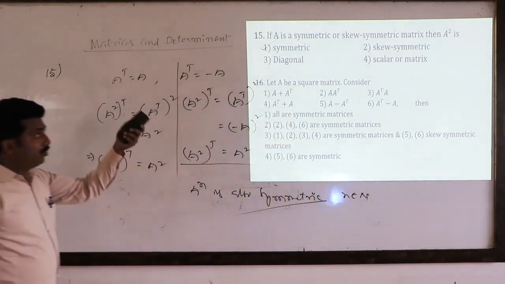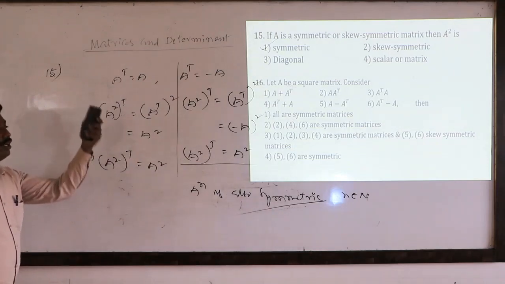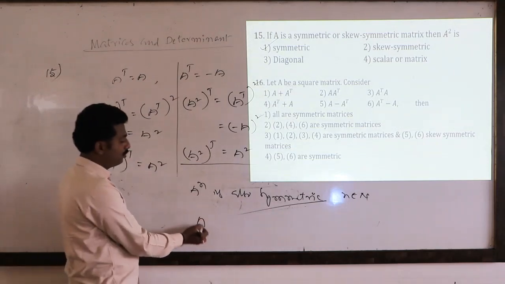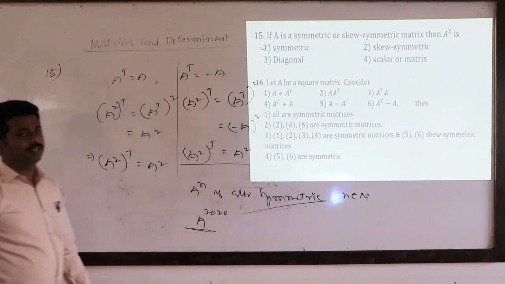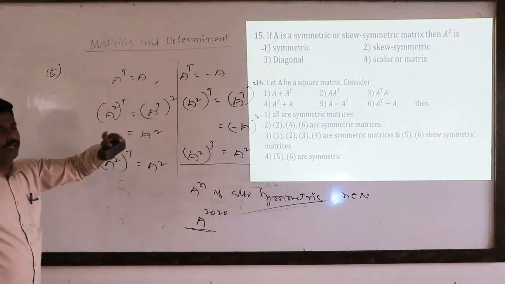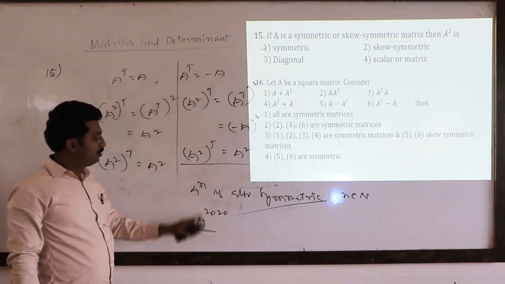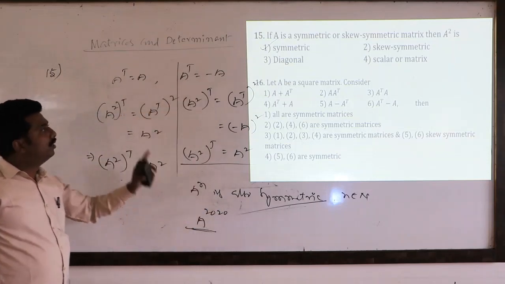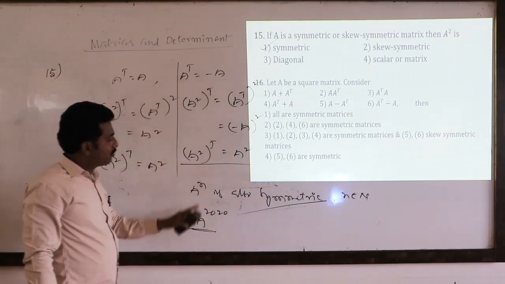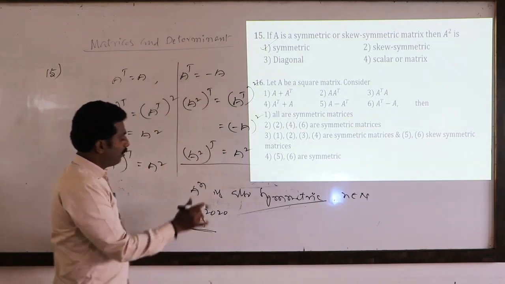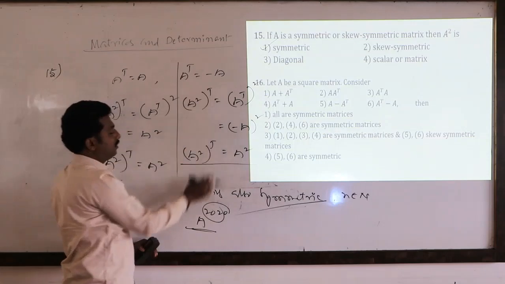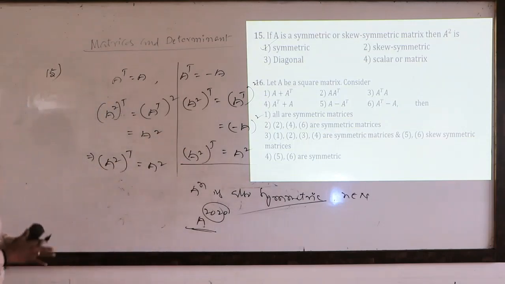A square, A cube, A power 10, A power 100, A power 2020 also you can take, no problem. This is also symmetric matrix when A is symmetric. If A is skew symmetric also, A to the power 2020, that is, A is symmetric or skew symmetric, and the power is even number, in this case also symmetric matrix will come. Next.